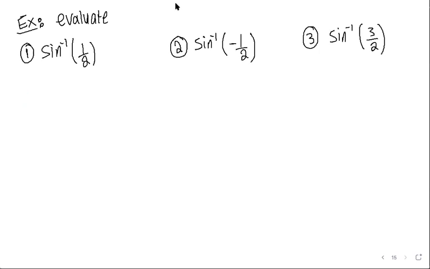So I'm going to do the first one step by step. The question is how to find the sine inverse of 1/2. First step, you have to check: does 1/2 belong to the domain of sine inverse?